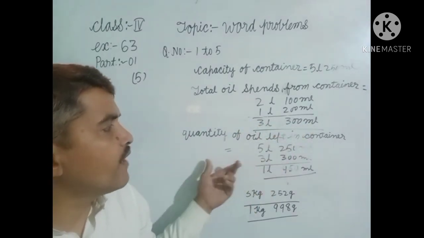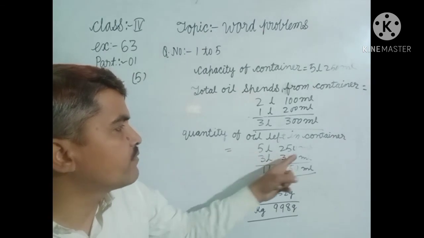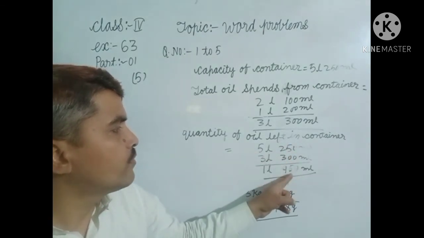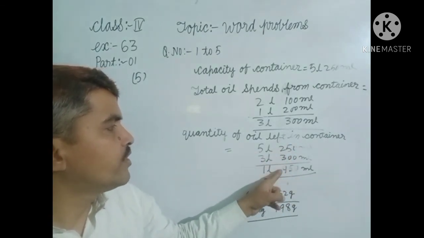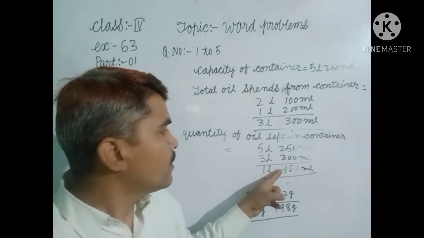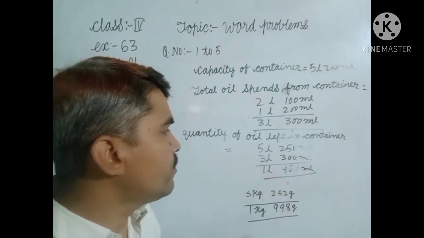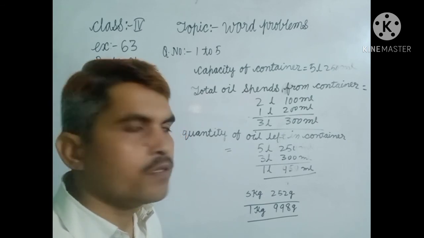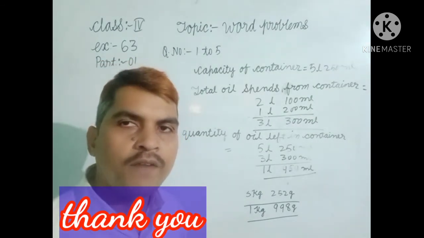How much oil is left in the container? When you subtract them, 0, 5, and 12 minus 3 is 9, and 4 minus 3 is 1. That means 1 liter 950 milliliters left in the container.